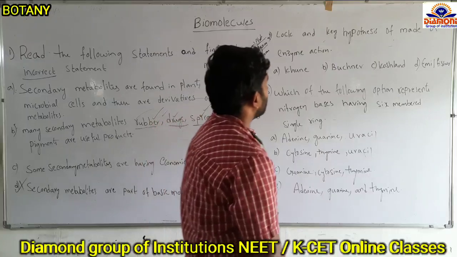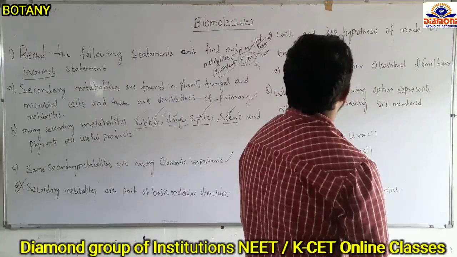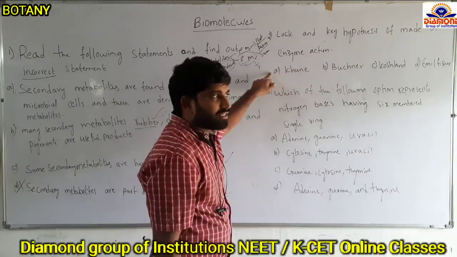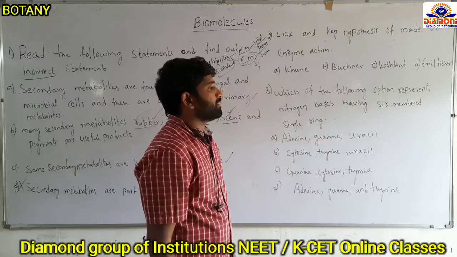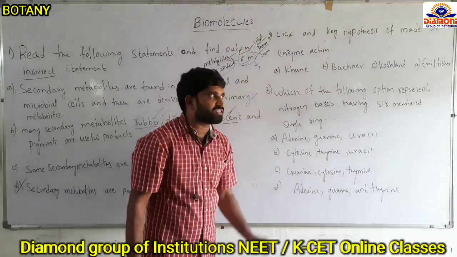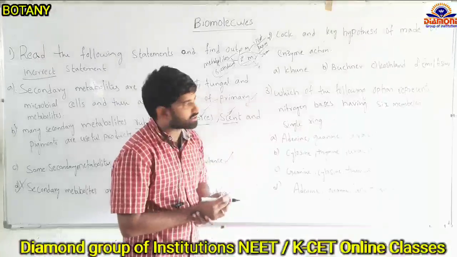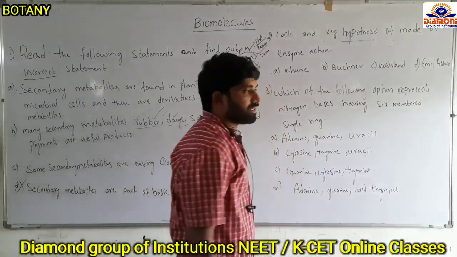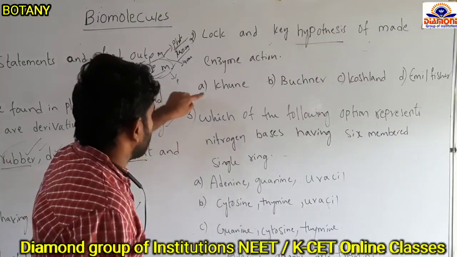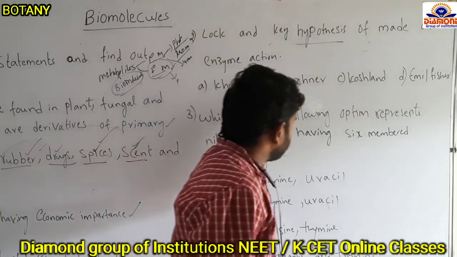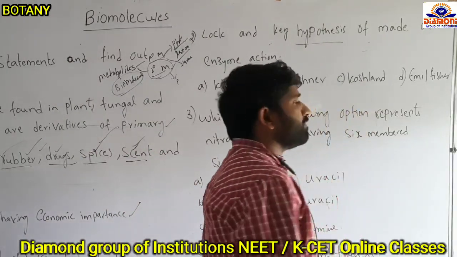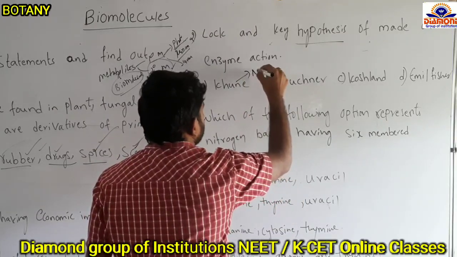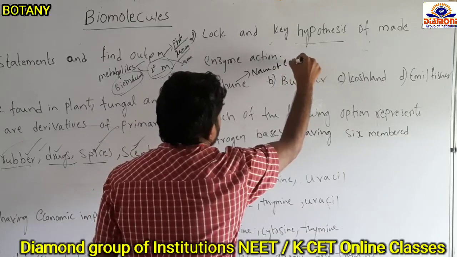And next question. Lock and key hypothesis of enzyme action. We are studying about enzyme actions. In enzyme actions, there are the lock and key hypothesis and the induced fit hypothesis. These are the two types of enzyme action that we are going to study. The lock and key hypothesis was proposed by option A, Hume, Buchner, Koshland and Emil Fischer. Hume gave the name of enzyme.